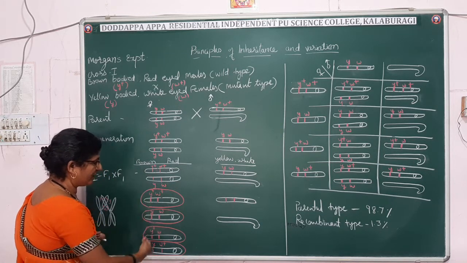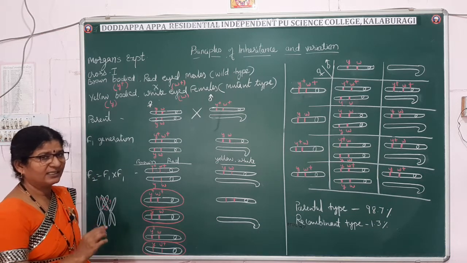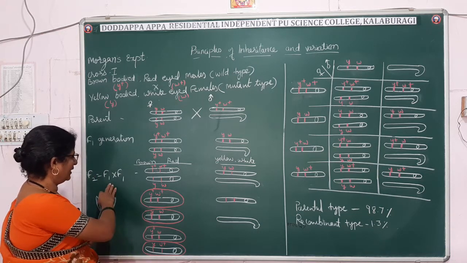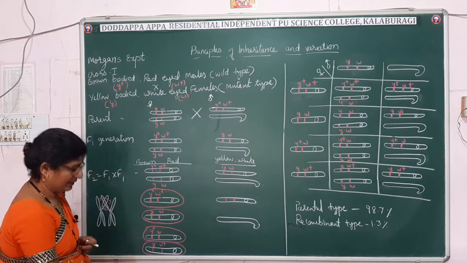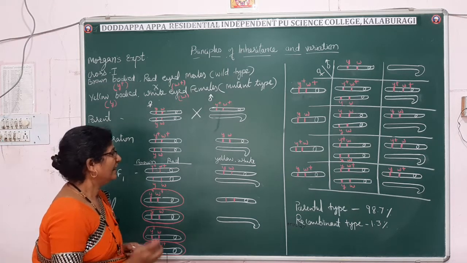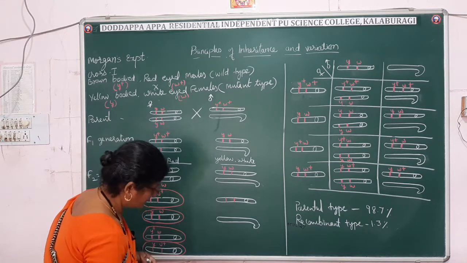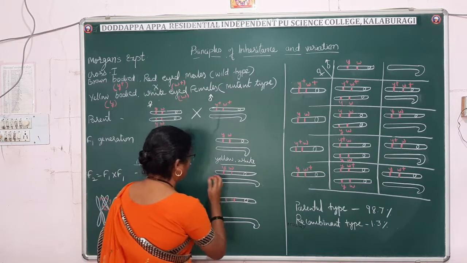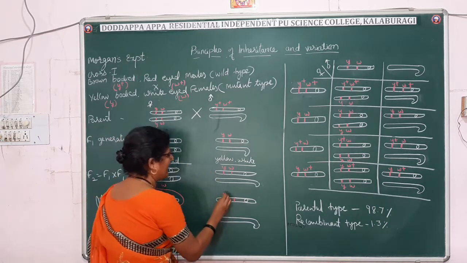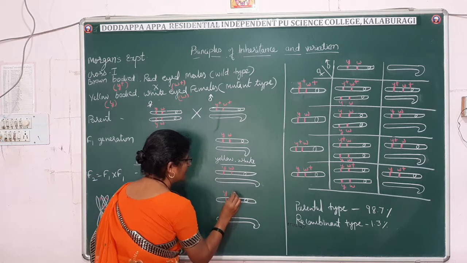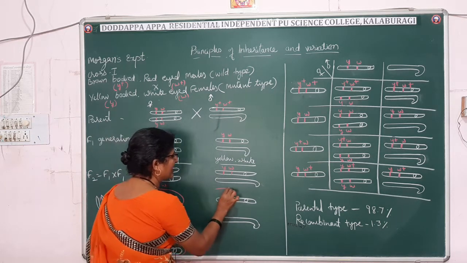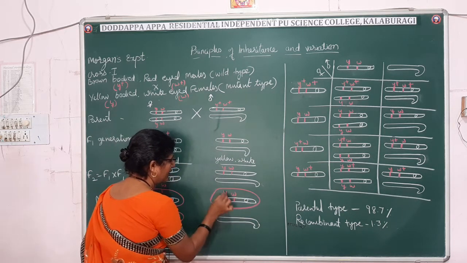So like this 25% of each variety we will get in the F1 gametes. Now here 50% of the gametes were having the X chromosome and another 50% of gametes were having the Y chromosome.